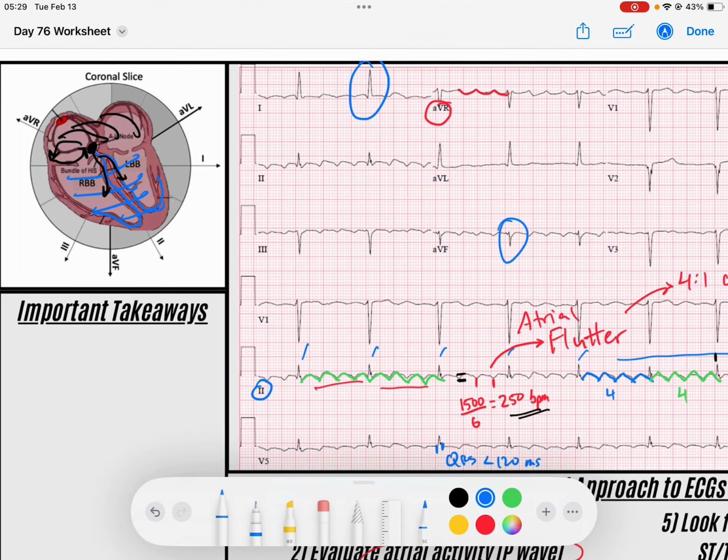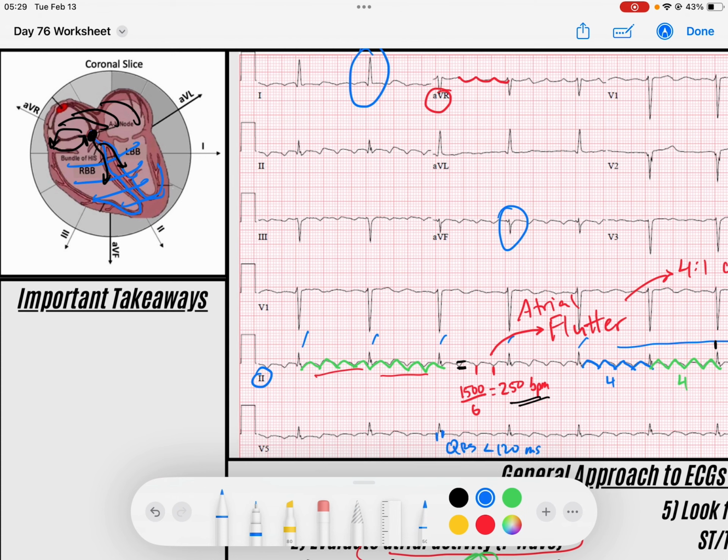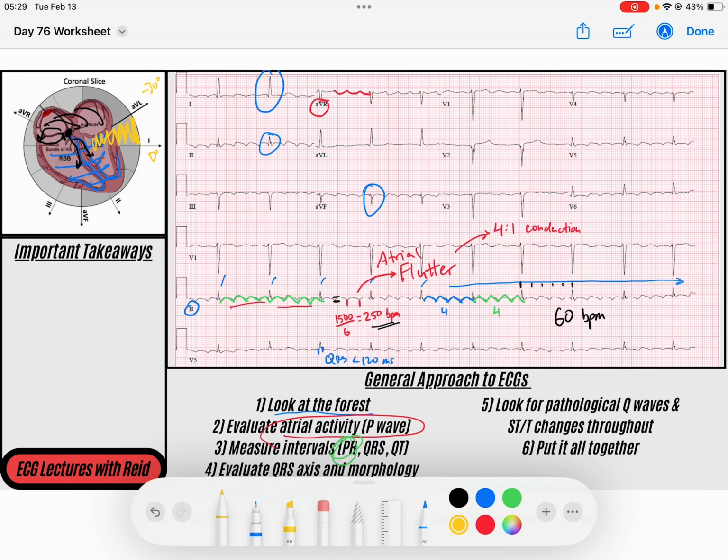My axis is going away from AVF, but it's still positive here in lead 2. So I would say that my QRS axis is somewhere in this triangle between 0 degrees and negative 30 degrees. And so that's a left axis shift.